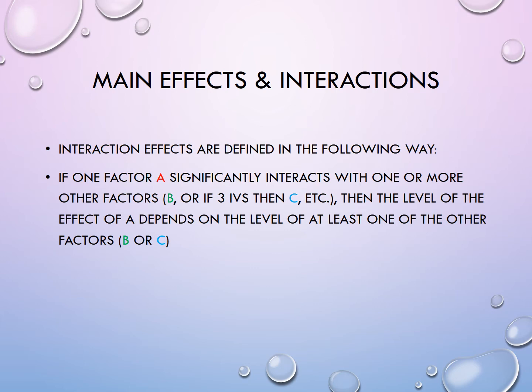Say if there's just two of them, B. All right, so I'm going to talk through this a little bit, but essentially you want to start thinking about making sure you understand this concept that when there's an interaction, the effects of A are dependent on the way in which it interacts with the other independent variable called B in this case. Right? So A and B together affecting the outcome, the dependent variable.